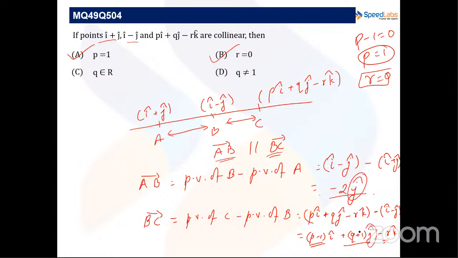The magnitude can be different because they are parallel. But here, q cannot be equal to minus 1, because when q is equal to minus 1, the coefficient of j cap will be 0, which should not be the case. So option D is correct. Here option C is not correct because q is not all the real numbers, but q can be any real number except minus 1.